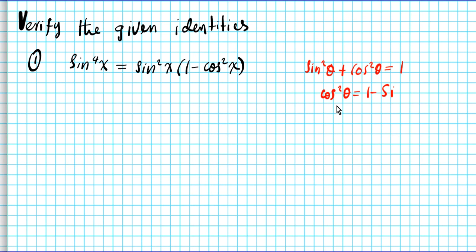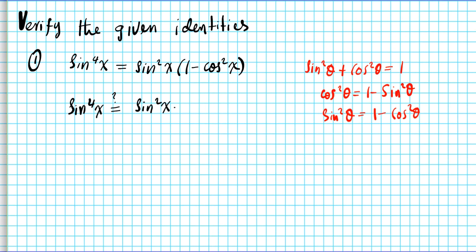Now if I solve explicitly for sine, well, let me solve for cosine first. That doesn't help. If I solve for sine, sine squared theta is going to be 1 minus cosine squared theta, subtracting cosine squared from both sides. Now I can rewrite this as sine to the fourth x is equal to sine squared x times what?